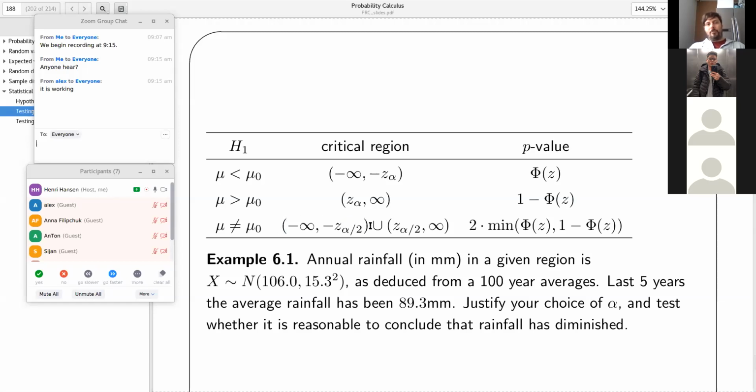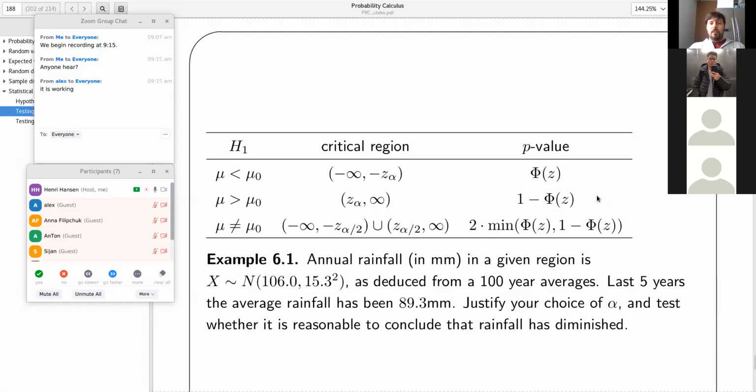We have half of the probability mass at the negative and half at the positive end of the distribution. And then the p-value is whichever we get: if it's small, it's this, if it's large, it's this value. Otherwise, if the p-value is not smaller than alpha, then we do not reject the null hypothesis.